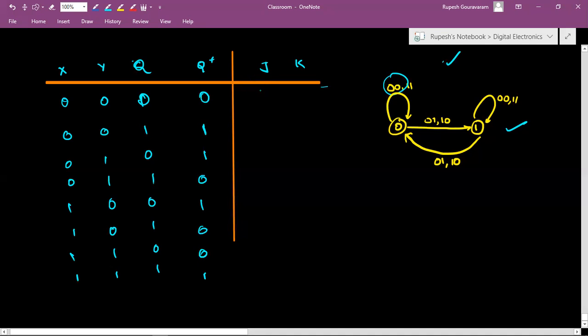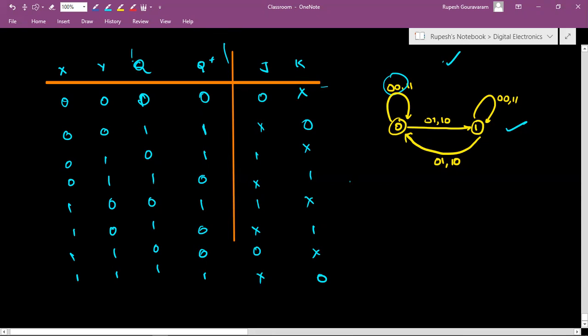So for the JK values, consider only Q and Q dash. The JK values will come from the previous excitation table: 0x, then x0, then 1x, then x1, then again 1x, x1, 0x, and x0.